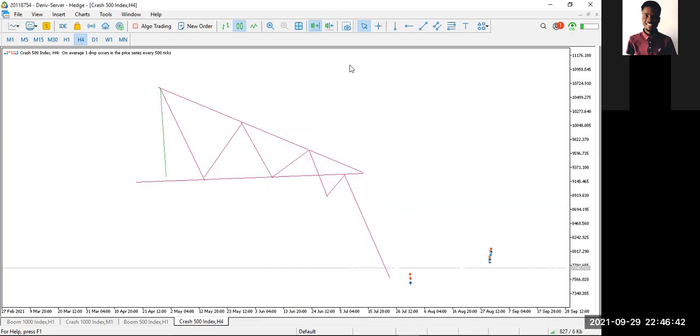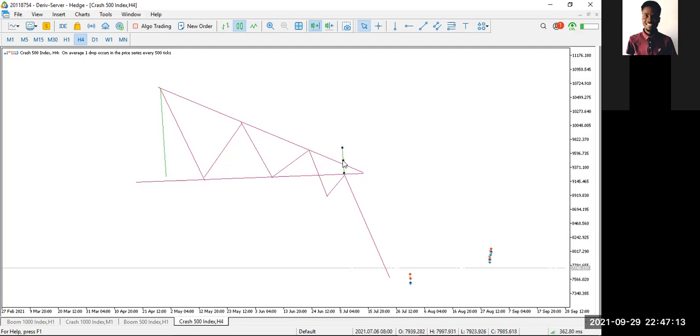Then stop loss is the shortest leg from here. In fact, this is the shortest leg, kind of. So now you just measure this, then you come and put it here from your point of entry.